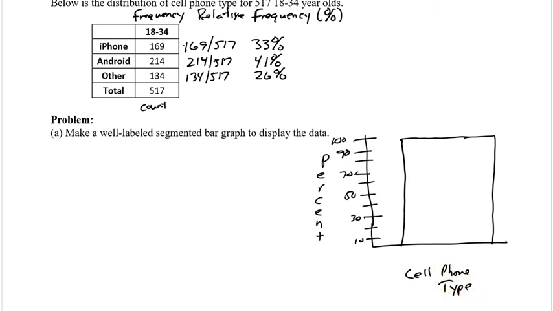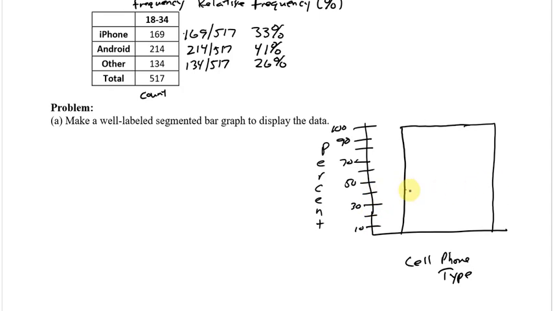So the biggest one is Android at 41%. So I'm going to make a line 10, 20, 30, 40, all the way up here. 41 is about right here. It's about 41. And that's Android at 41%. The next biggest one is iPhone at 33%. So what we need to do is we're starting at 41, so we do 41 plus 33 is 74.